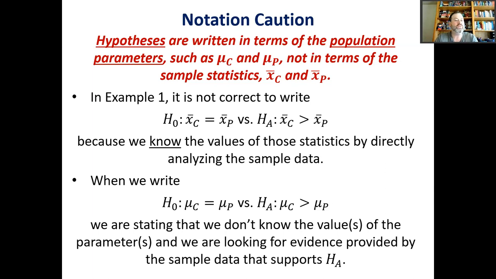Second bullet, when we write the null hypothesis is mu c equals mu p versus the alternative that mu c is greater than mu p, we are stating that we don't know the values of the parameters, and we're looking for evidence provided by the sample data that supports the alternative hypothesis. So it's more like just a real formal statement.